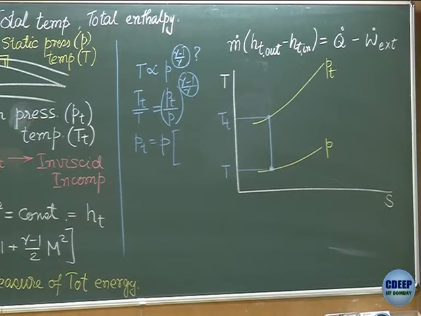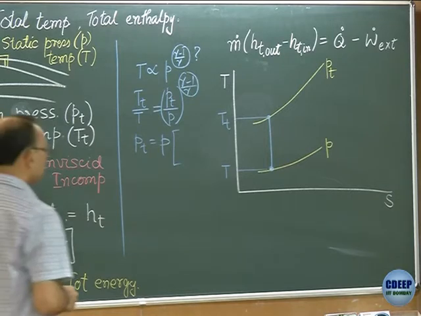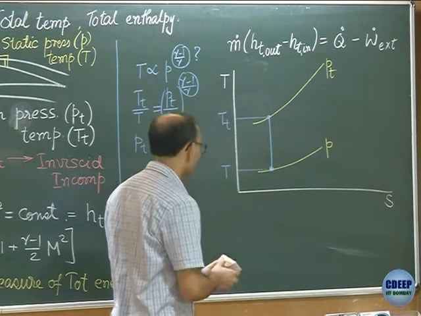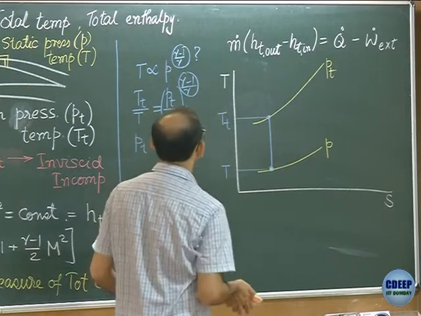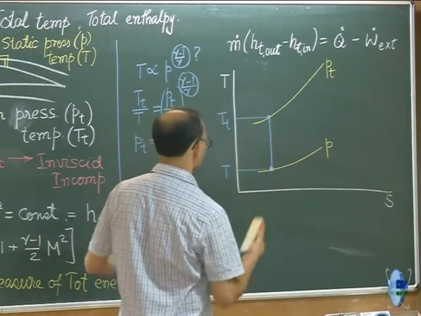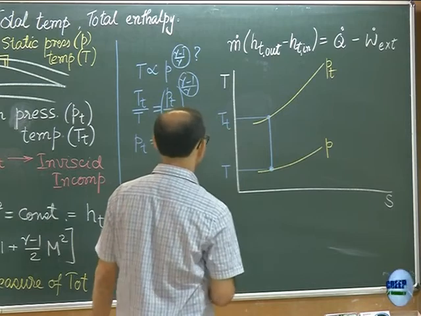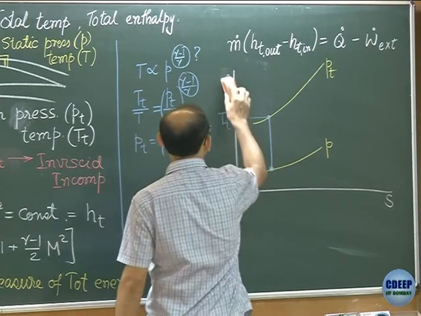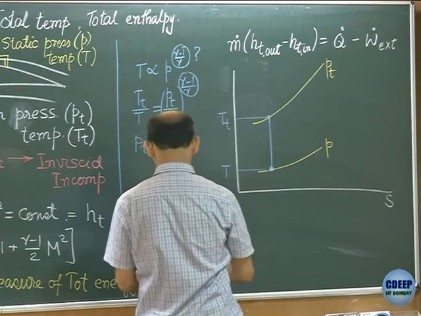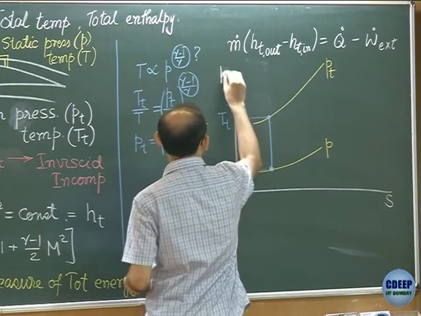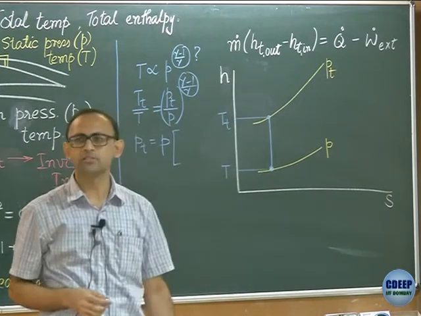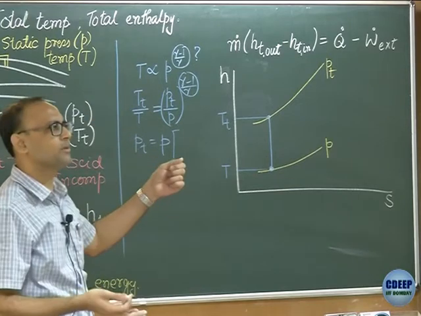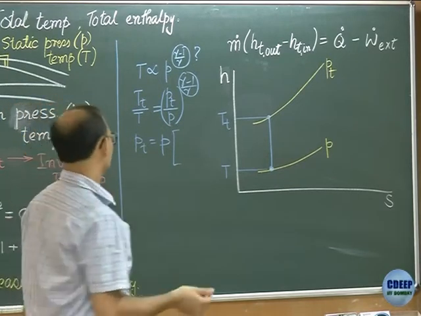Okay. Now we'll make a change on this plot, for which you may need to make a new plot, but I have the luxury or constraint of time and space. I'm going to convert this axis to H, enthalpy. So you are essentially scaling the y-axis by a factor of Cp. That's it.